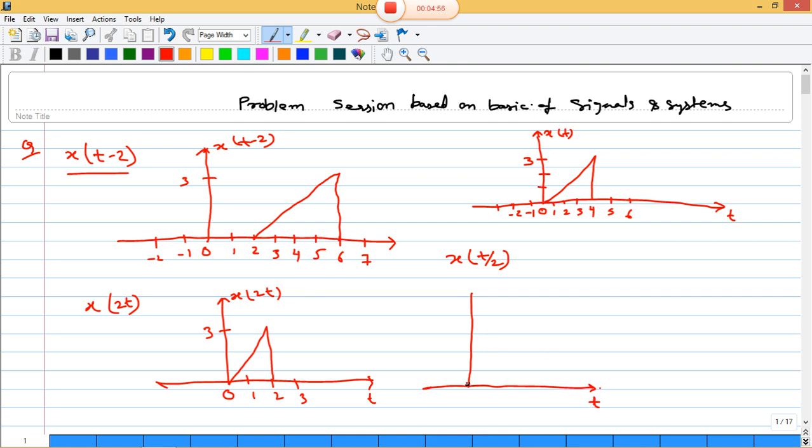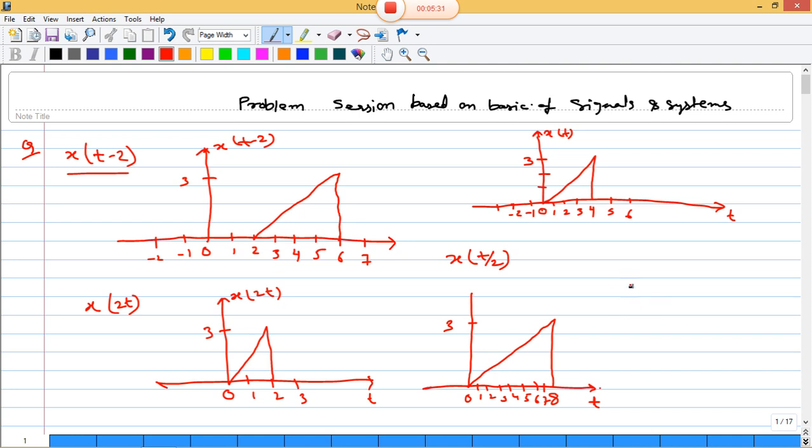Now it starts from 0 and ends at 8. In between 1, 2, 3, 4, 5, 6, 7, and the magnitude will be 3. The magnitude will change. When will the magnitude change? Just when the whole x(t) is multiplied by some number, then the magnitude will change.